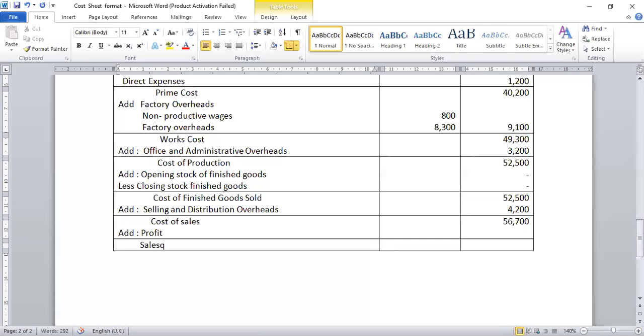The sales amount is given, 72,300. Now the difference between 72,300 and 56,700 is considered as profit. That is equal to 15,600. That's it. This is your cost sheet. Just check. If you have any doubt, you can ask.